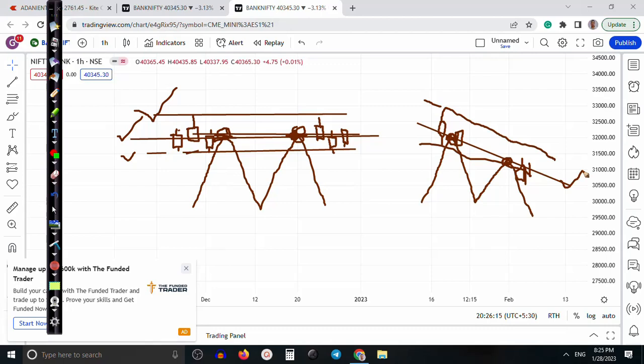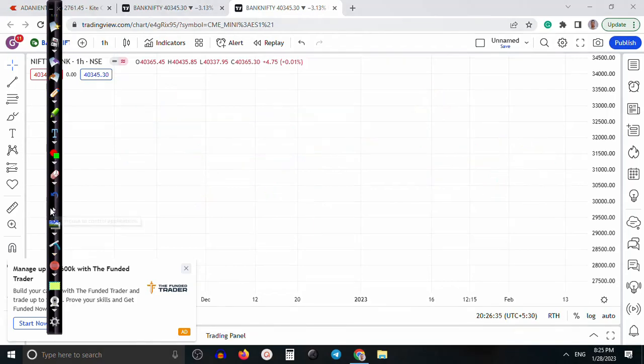So how do we identify which is the best line as a resistance or support? In that case we are using rubber band man, to see which will be best. Okay, all right, perfect. So let me show you in a live chart.